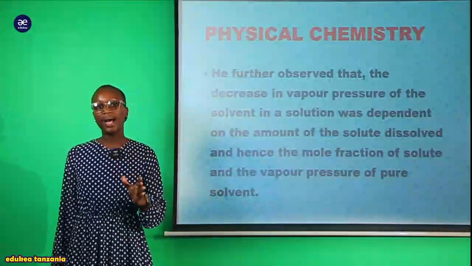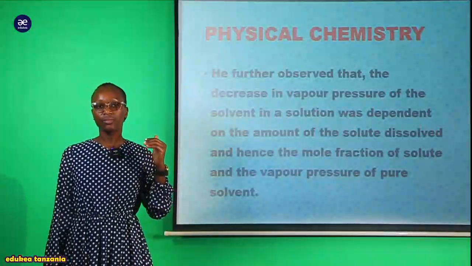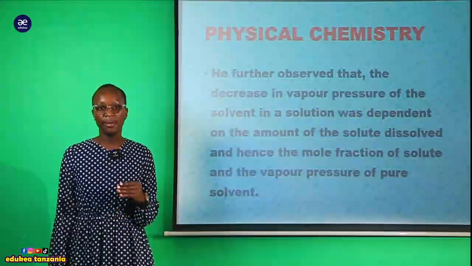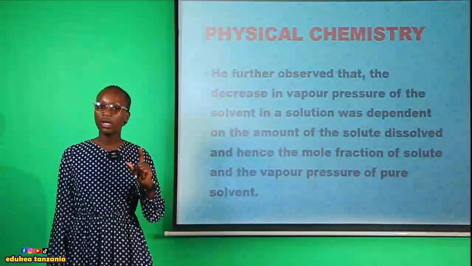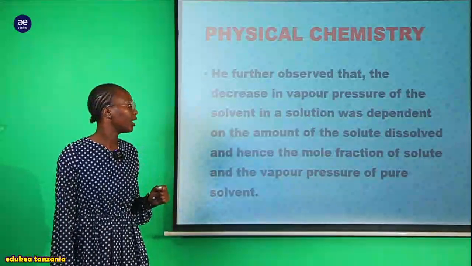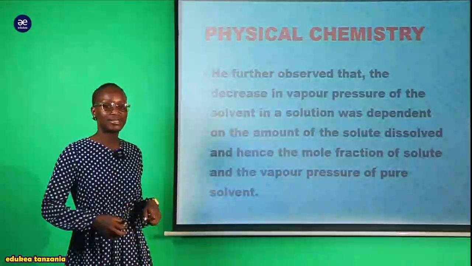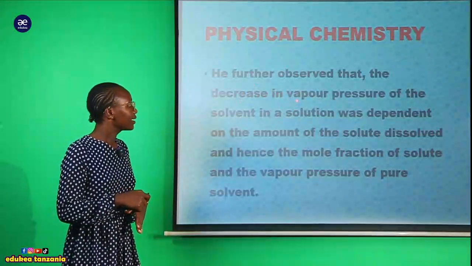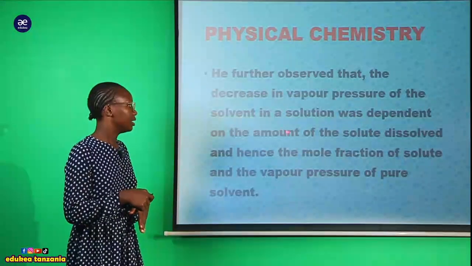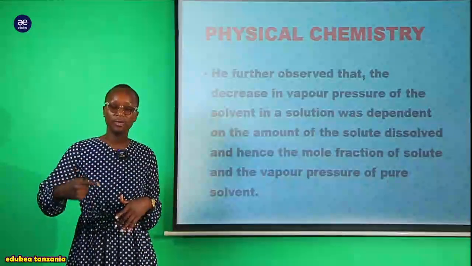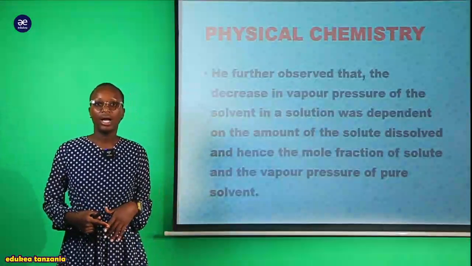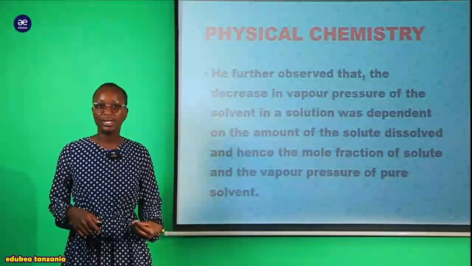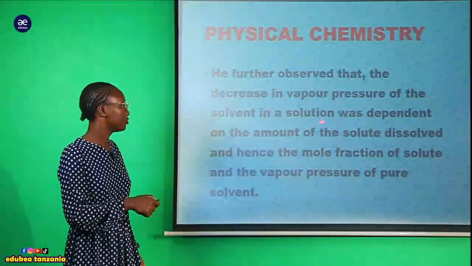He didn't only see that when a substance is dissolved in a solution the vapor pressure decreases, but he further observed that the decrease in vapor pressure of the solvent in a solution depends on the following.